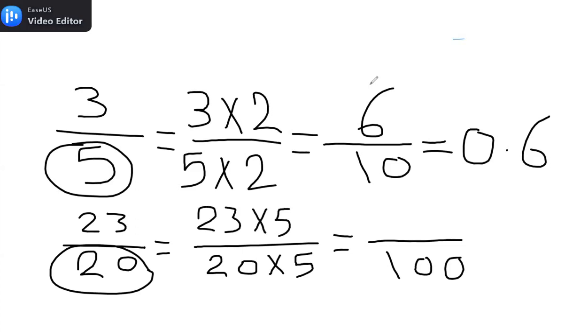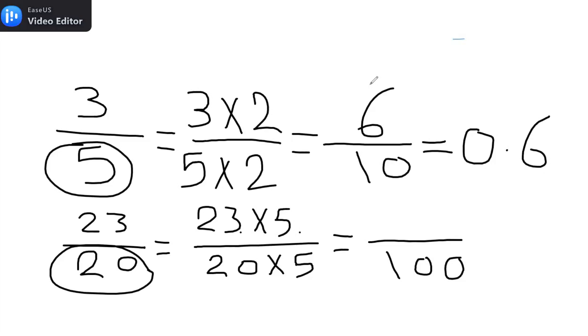And we can multiply these numbers step by step. 5 times 3, Ziad? 15.